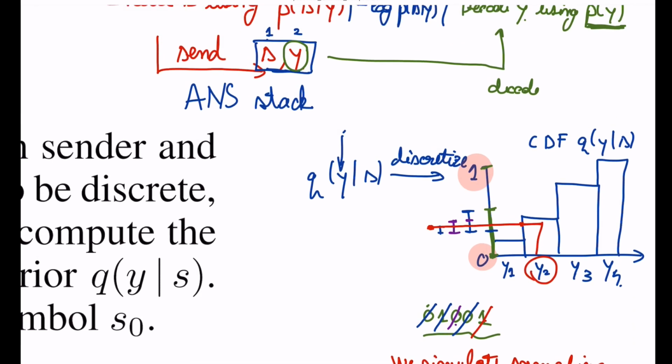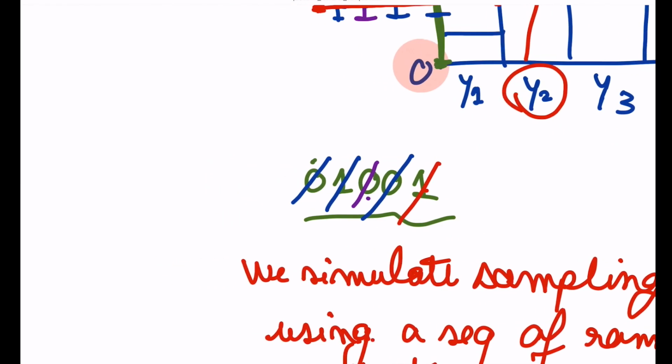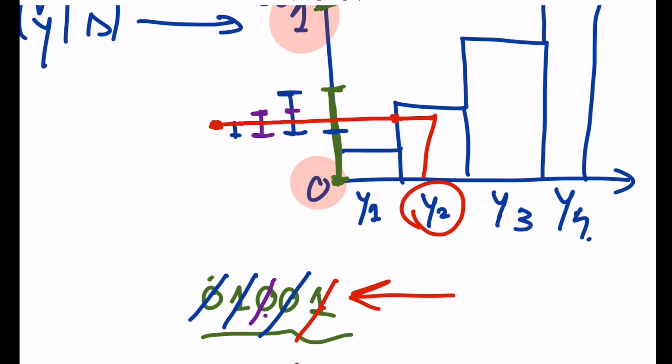So now we simulate sampling, but the point being, if we give this sequence of random bits, so it's still random, but we sample it somehow, and we use it to encode, we can use this thing to decode as well. How?